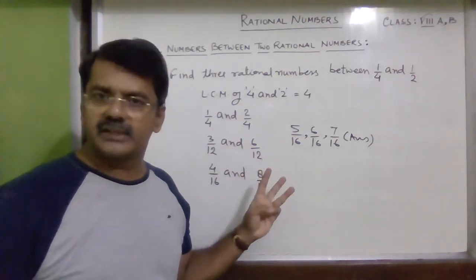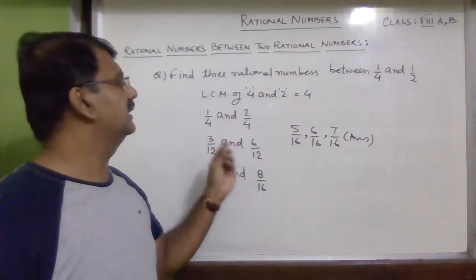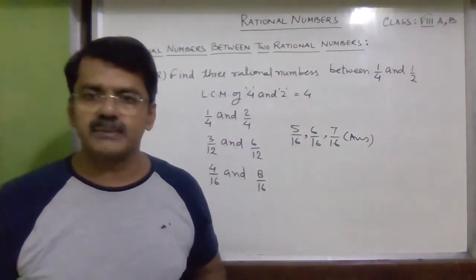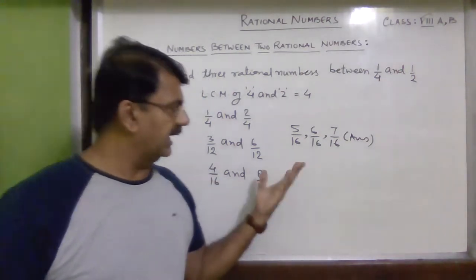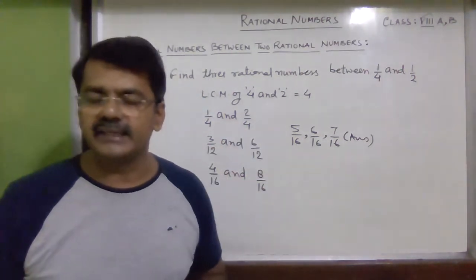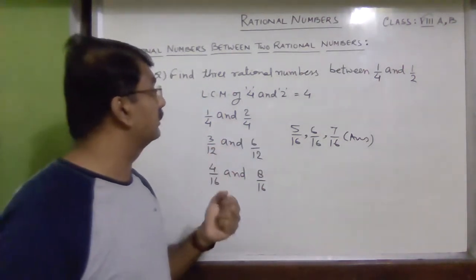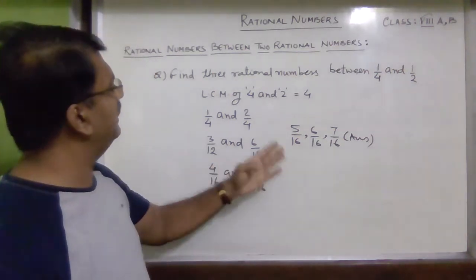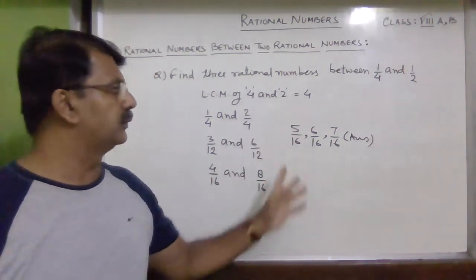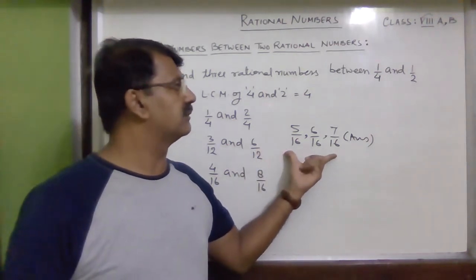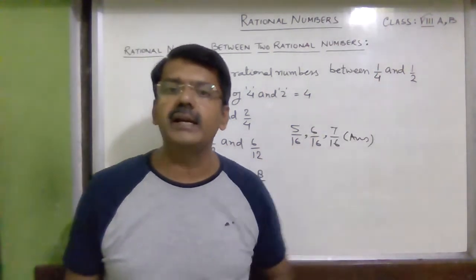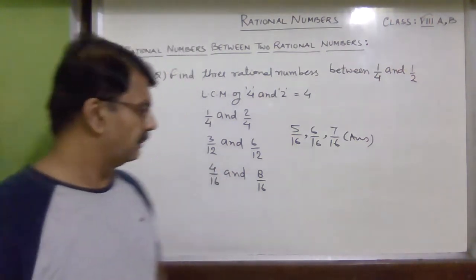There are 3 rational numbers, and they are definitely rational numbers because they are in the form of P upon Q, and both the numbers are integers, and the denominator is not equal to 0, and they lie between 1 by 4 and 1 by 2. If you find out the value by division, then you can see these 3 numbers lie between 1 by 4 and 1 by 2.